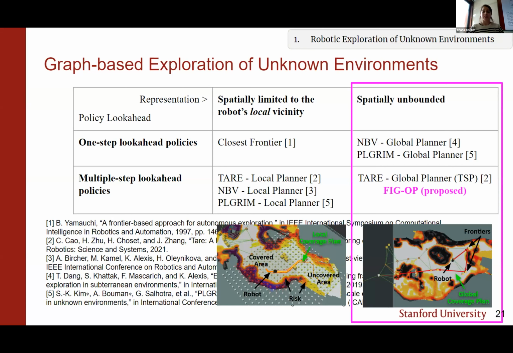Because there's such high model uncertainty here, the solutions are usually divided into two kinds of approaches. The first are one-step look-ahead policies, like the greedy solution that we saw, where we assume really high model uncertainty and just pick the most promising frontier to head towards. And there are alternative multiple-step look-ahead policies, which is the one we're going to propose here.